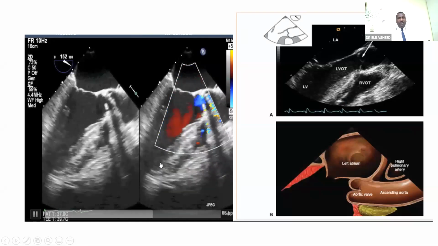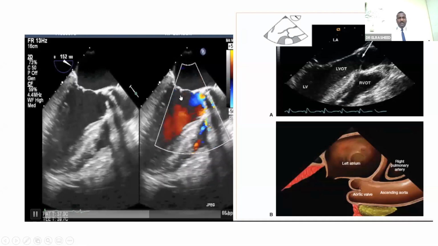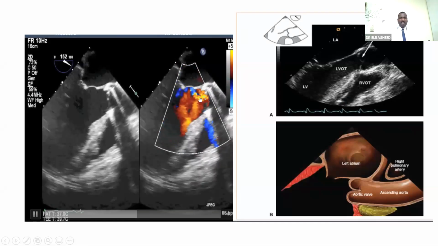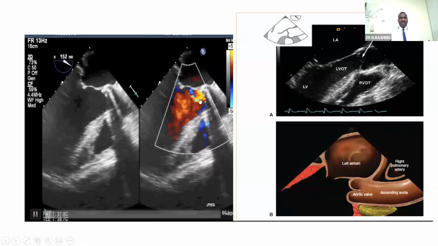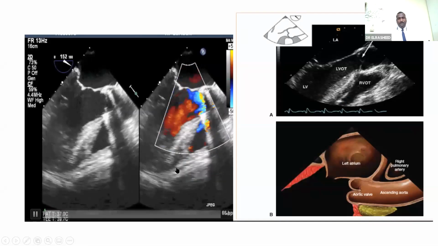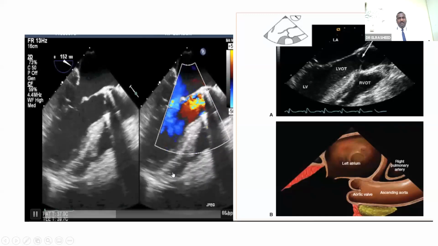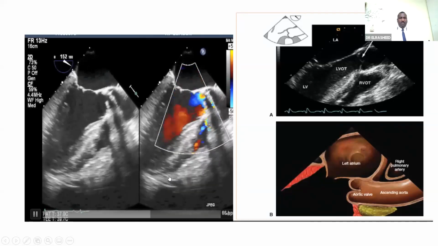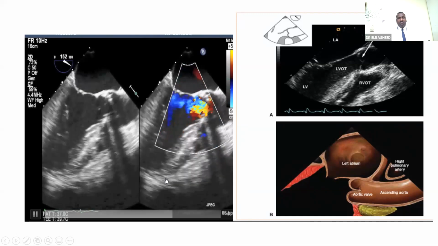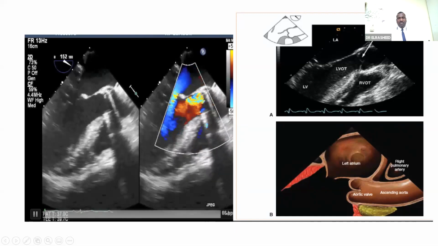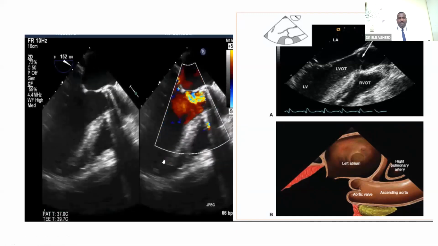Is it paravalvular or intrinsic? Usually with a mechanical valve, a big jet like this, extrinsic like this, eccentric like this, it is paravalvular. If it is a tissue valve, yes, it could be intrinsic or paravalvular, but because of the degeneration, you can have intrinsic.